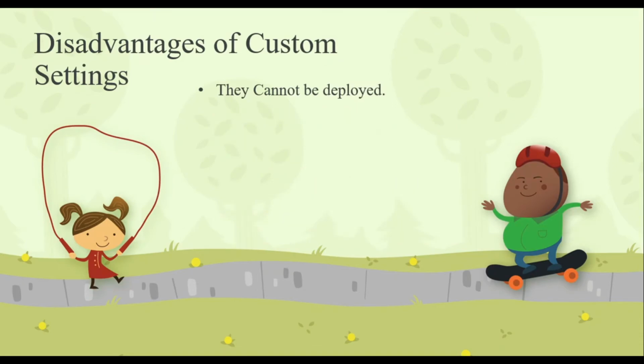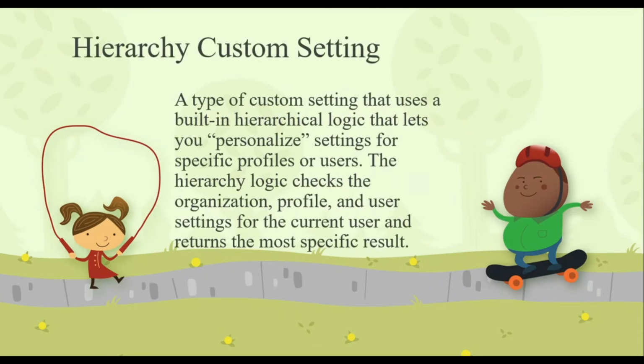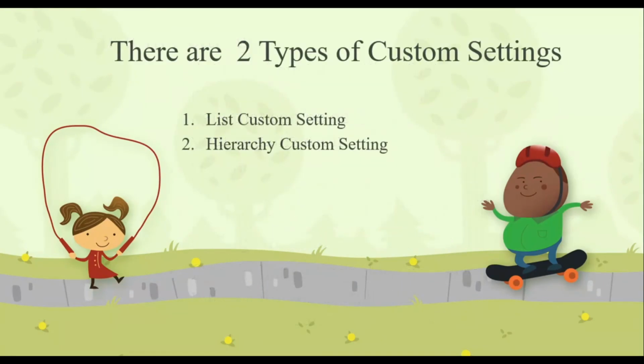Other thing is, if we talk about the types of custom settings, the list custom setting and the hierarchy custom setting: since list custom setting data is populated across the entire organization and is the same for every user, instead of creating a custom setting I recommend you all work with custom metadata. What is custom metadata?